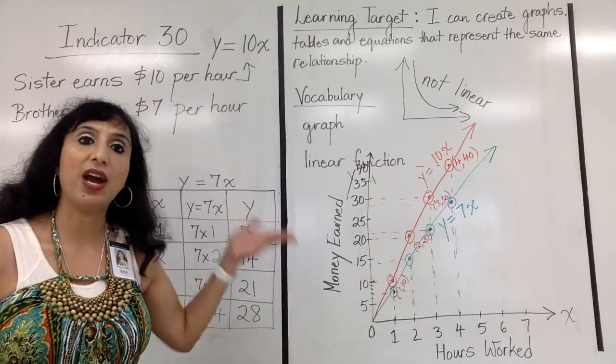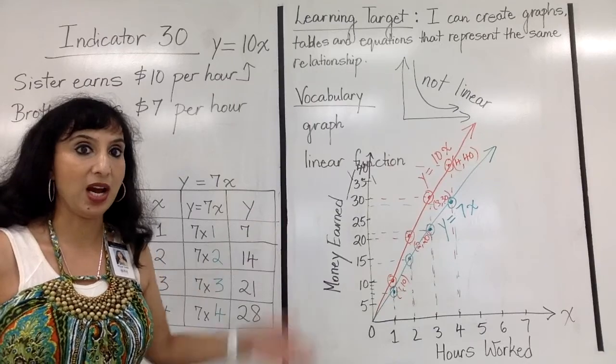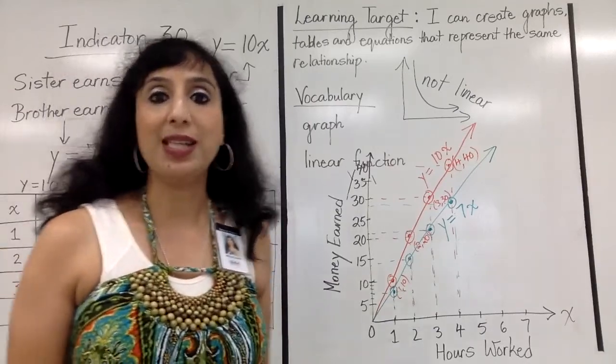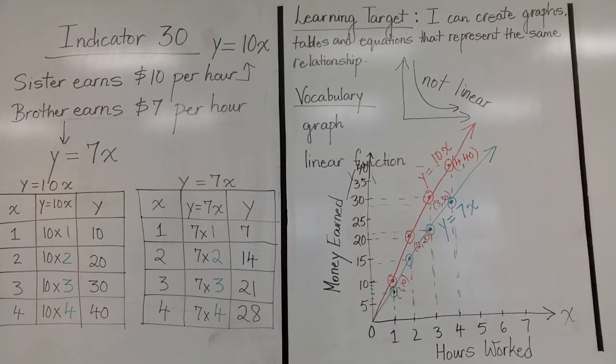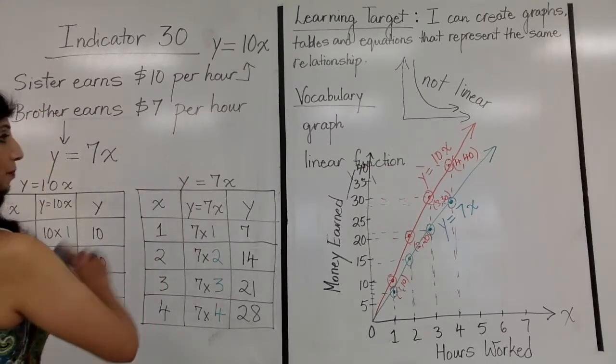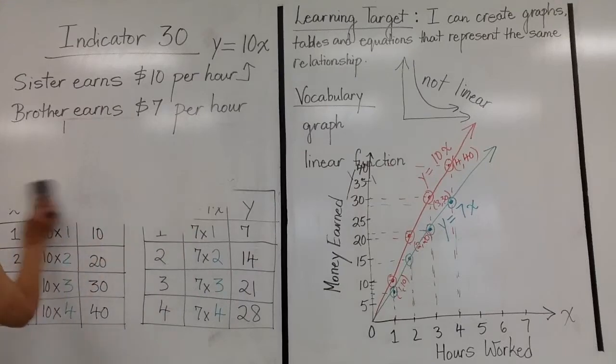So this is how you analyze graphs, just by looking at how steep they are. But I'm just going to quickly throw a question at you to show you whether it's a linear graph or not, so you can understand really quickly what that means.